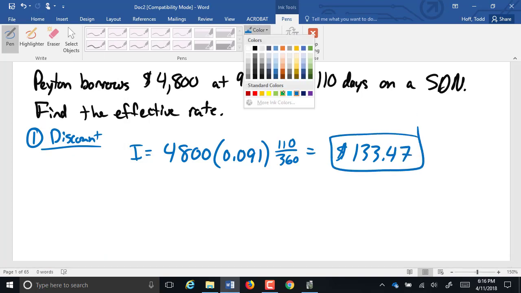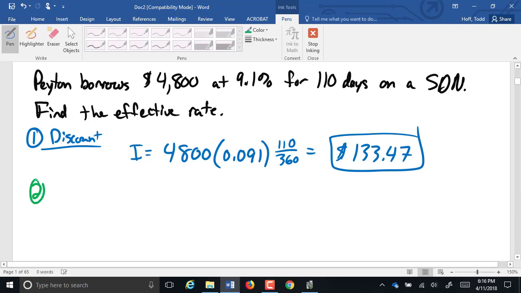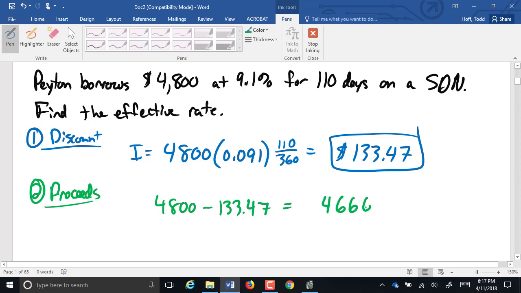That's our discount. What's step 2? Proceeds. How do we find that? Okay, our face value of 4,800 minus our discount of 133.47 is $4,666.53.